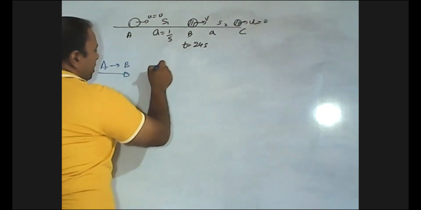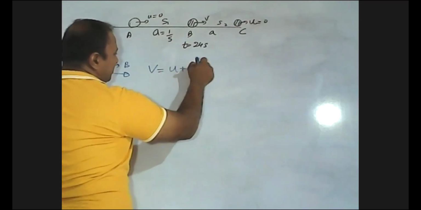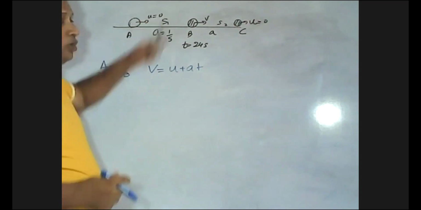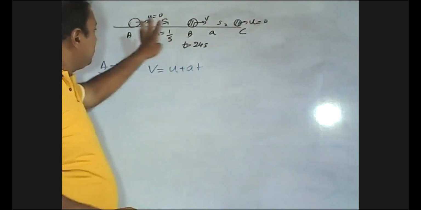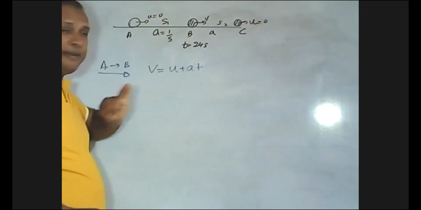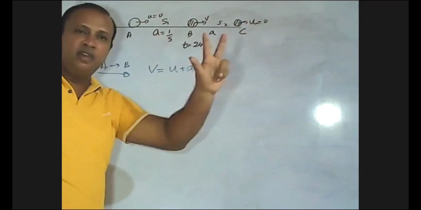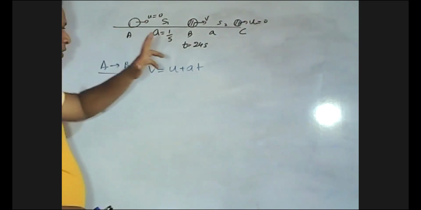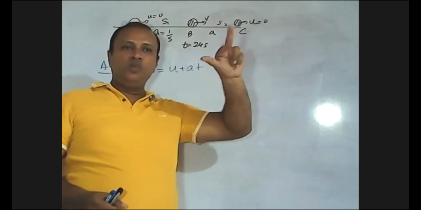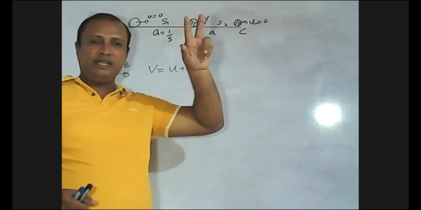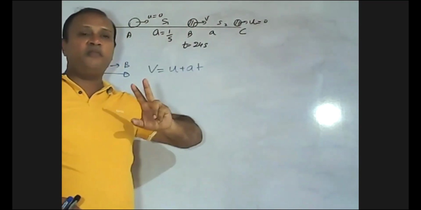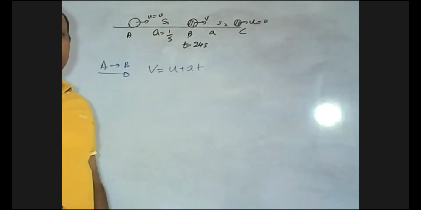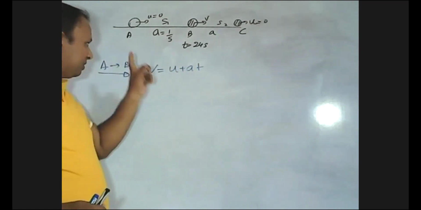I can use V equals U plus AT because we know the initial velocity, acceleration, and time. Those are the three quantities we know, and we want to find V. Therefore, I can use this equation.